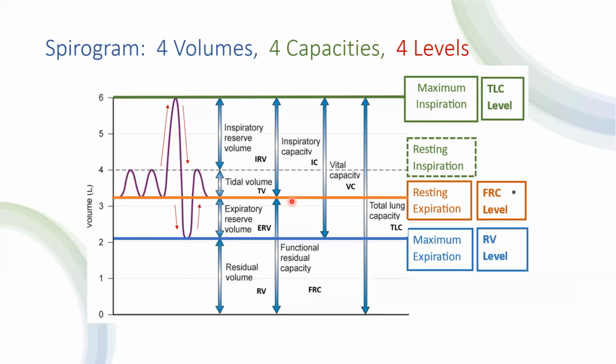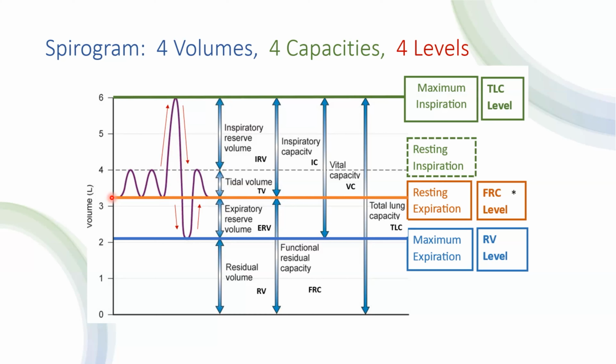Starting from the resting point, this resting point is the most reproducible point on the spirogram. And it's reproducible because at this point, there's no inspiratory effort, there's no expiratory effort. There's simply the equal and opposite components of the lungs trying to recoil down into collapsing, getting smaller.